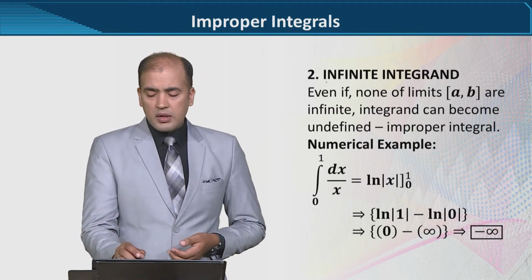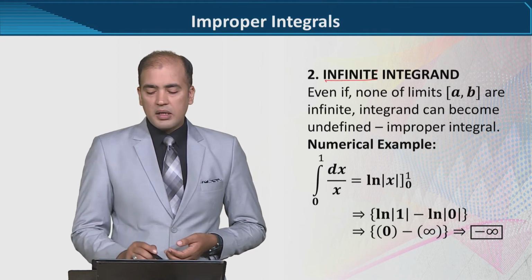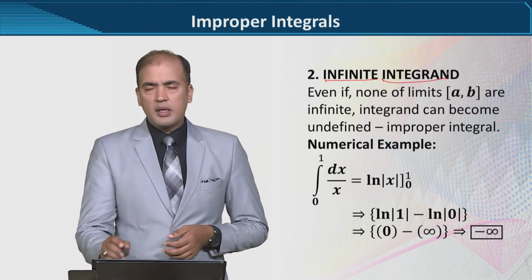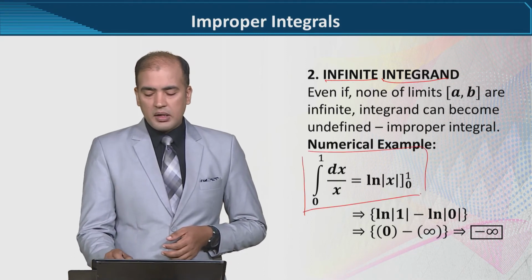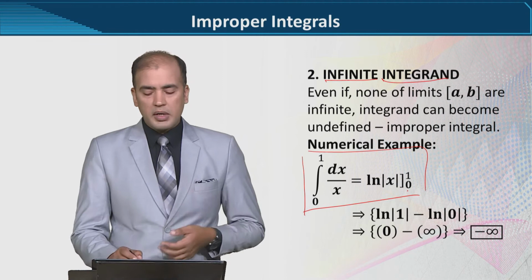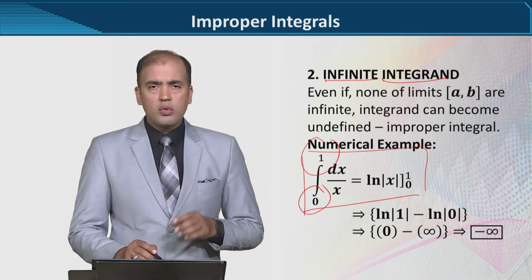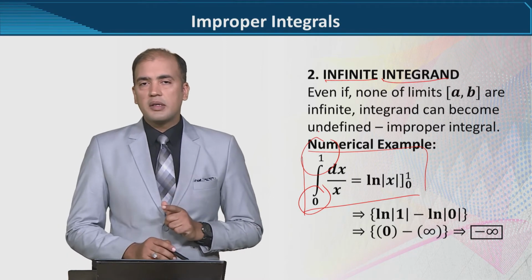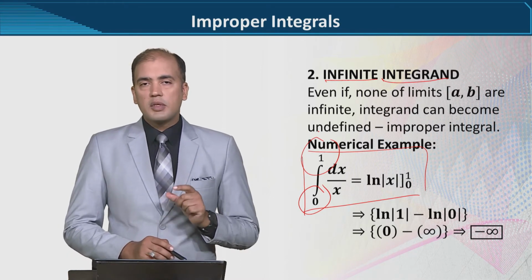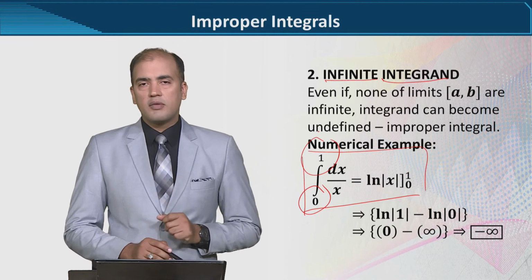The other possibility of having an improper integral is that the integrand is infinite. For example, if I have this numerical instance, it's a function and it has a lower and upper limit. You can see here you cannot see infinity anywhere. It means we did not talk about the first possibility, we have talked about the second one. Now when we calculate the answer, that can become infinite.